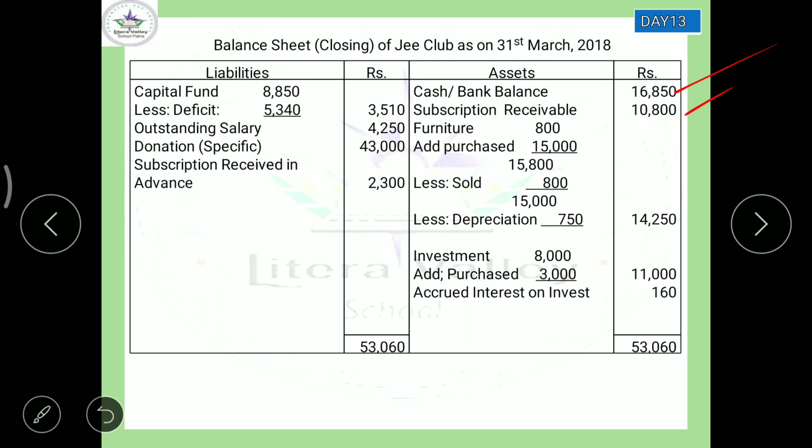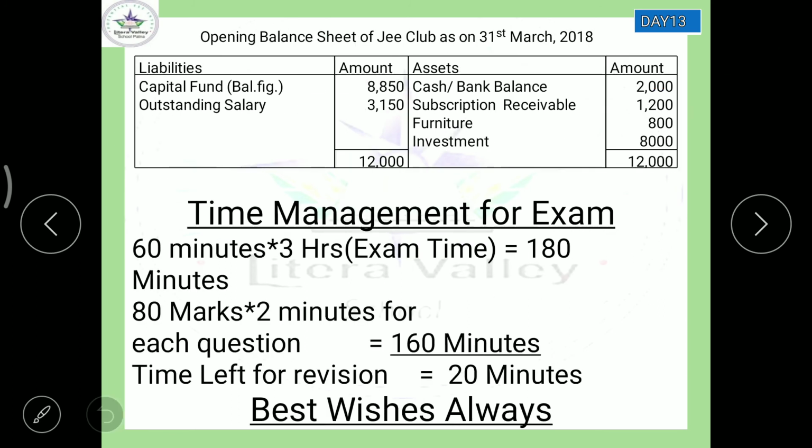Now come to the next, how we have calculated capital fund. You can see the opening balance of cash and bank balance is given, 2,000. Subscriptions receivable 1,200, it is also given in the question, for 2017-18. And furniture, obviously you have sold the furniture, so old furniture is there.